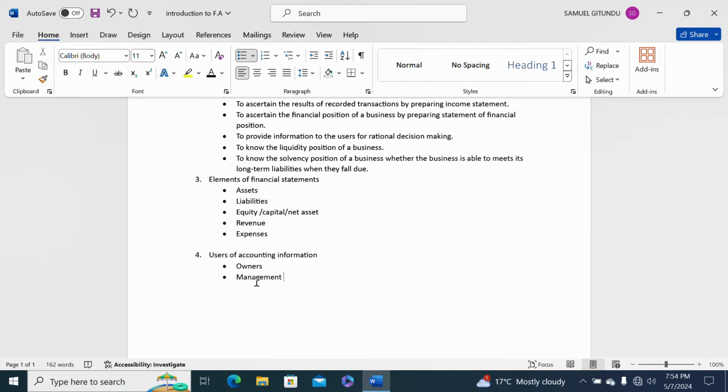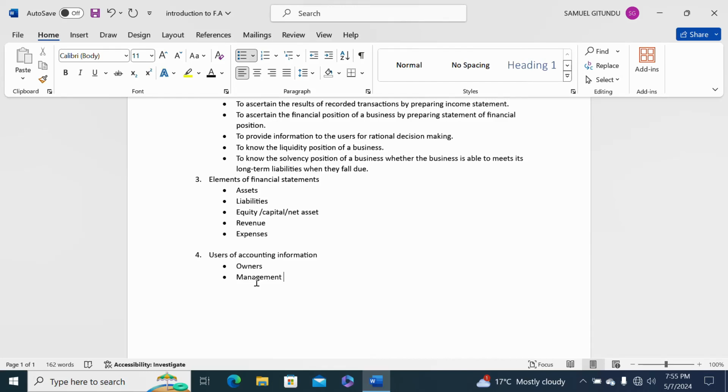The management need accounting information to understand how efficiently the business is operating, to understand how products are performing, to understand whether the business is making profit, to understand which processes of the business they can improve. So the management also need accounting information.